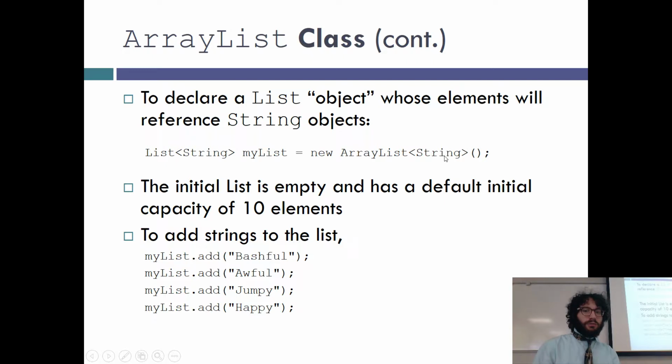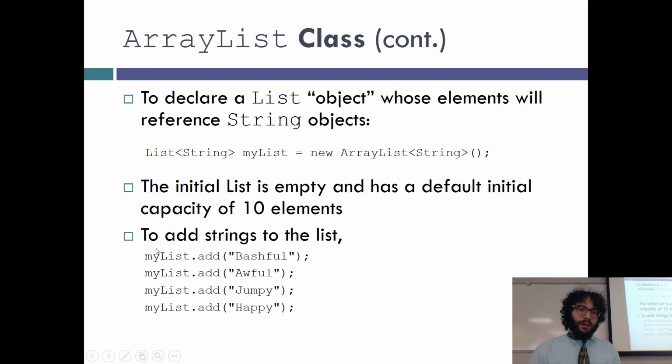So we're just creating a new list, and we're implementing the list using an ArrayList, and it holds strings. Lists by default are empty, but they have what we call capacity, which means how much stuff they can hold without having to shuffle stuff around, without having to do anything extra and do some hacky stuff. It's going to hold up to 10 elements.